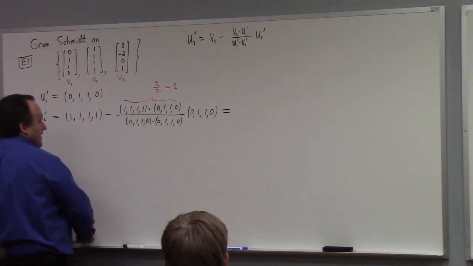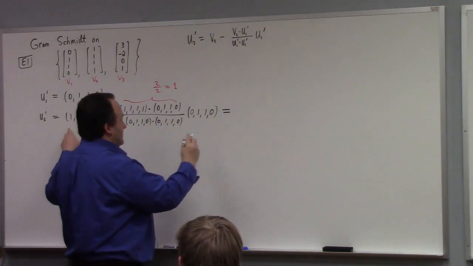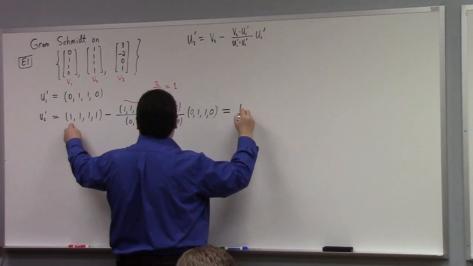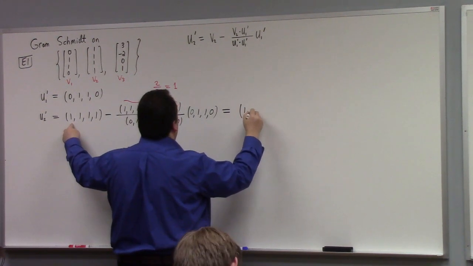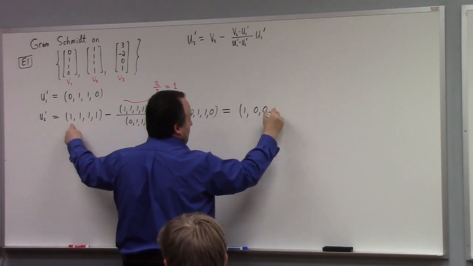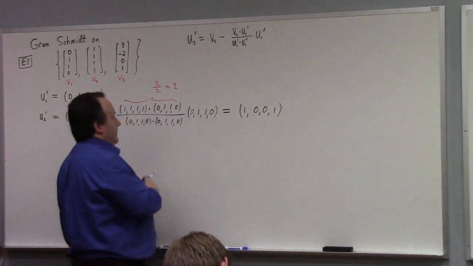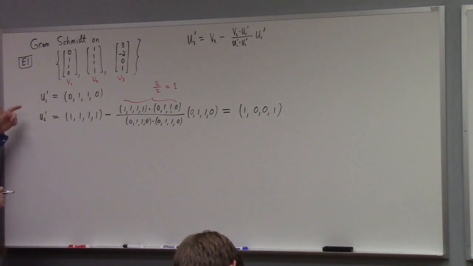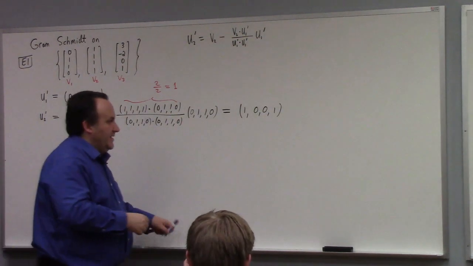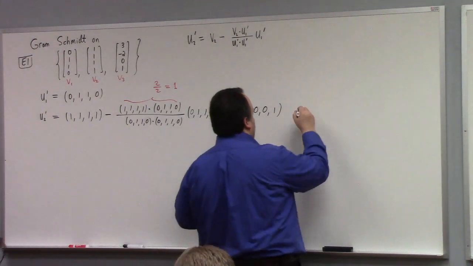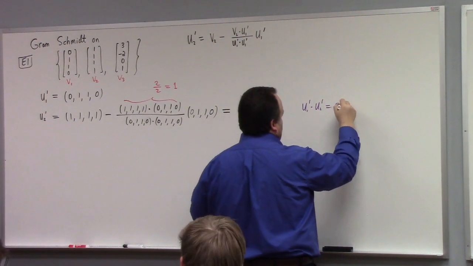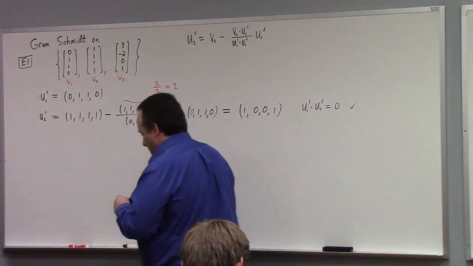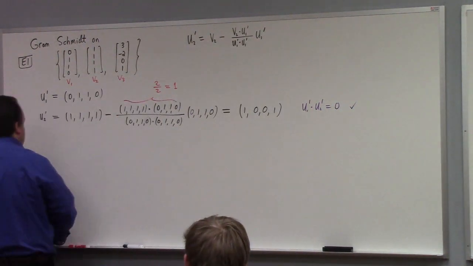And as such, we just get 1, 0, 0, 1. A quick sanity check here: u1 prime dot u2 prime equals 0? Hooray!